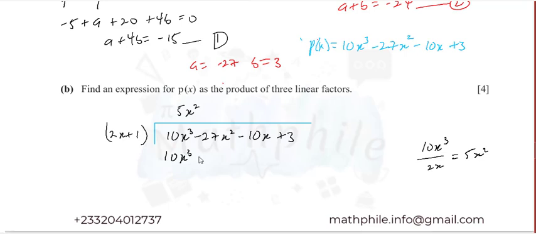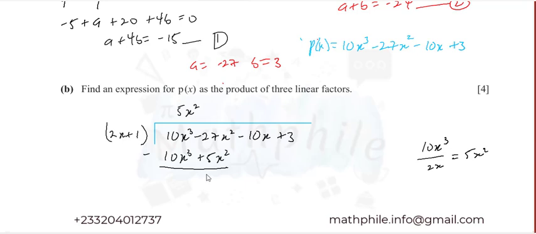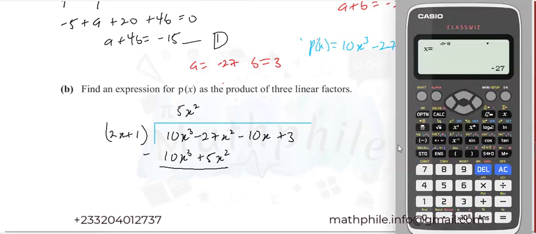I would advise you use the synthetic method I taught in the previous video because I didn't teach it in detail. I'll create a video for the synthetic method explaining all the situations that you can actually use it. If you do the subtraction, negative 27 minus 5 should give you negative 32.